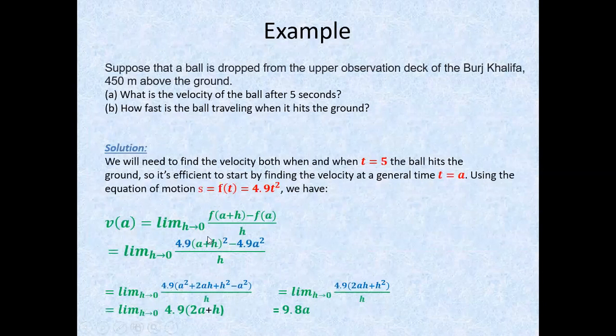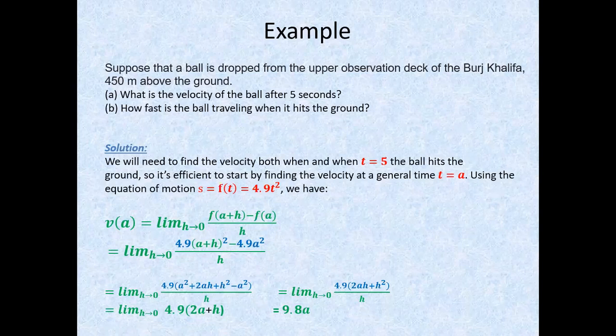Equals the limit as h tends to 0 of 4.9 times, if we expand a plus h squared, a squared plus 2ah plus h squared minus a squared, all over h. The positive a squared and negative a squared cancel out, and we have just 2ah plus h squared. So the remaining part is 4.9 times 2ah plus h squared all over h.